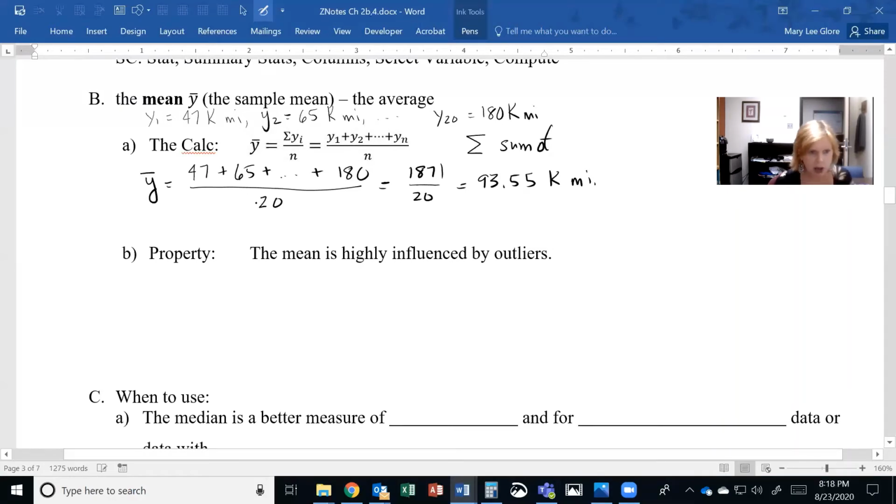Now here is a property of the mean. Where the median was resistant to outliers, the mean is highly influenced by outliers.